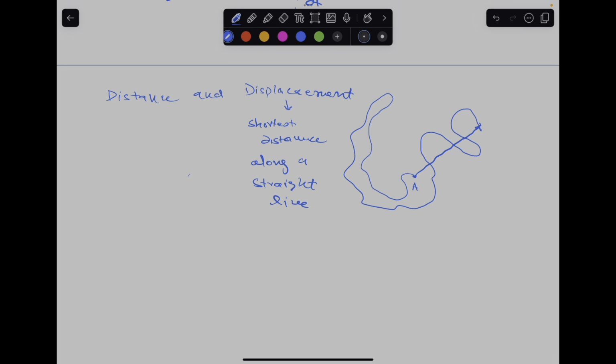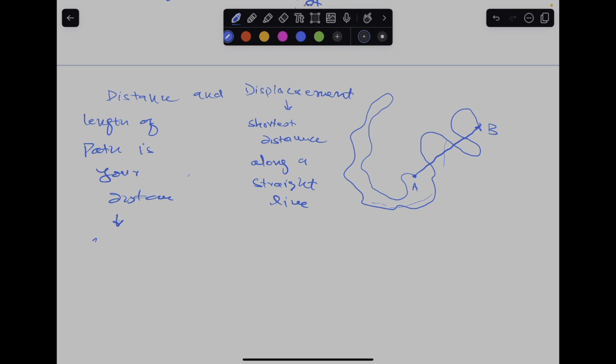And the length of the path which I have covered from A to B, reaching at B, is your distance.